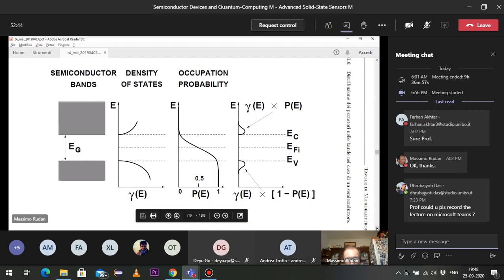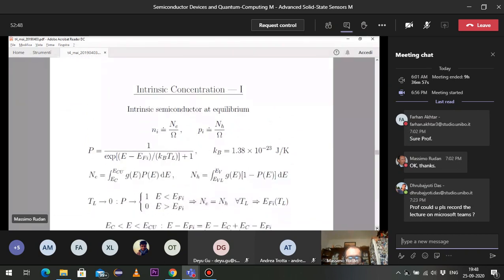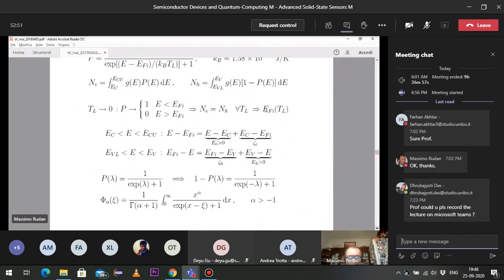So we have an important relation for the intrinsic semiconductor. It is explained in this line here, okay? At T equal to 0, the probability is 1 for E smaller than the Fermi level, 0 for E larger. So for any T, NE will be equal to NH, okay? So we must remember this relation.